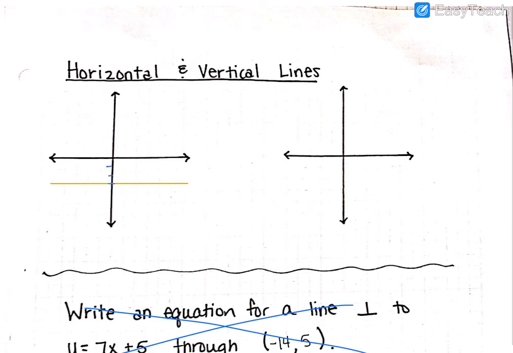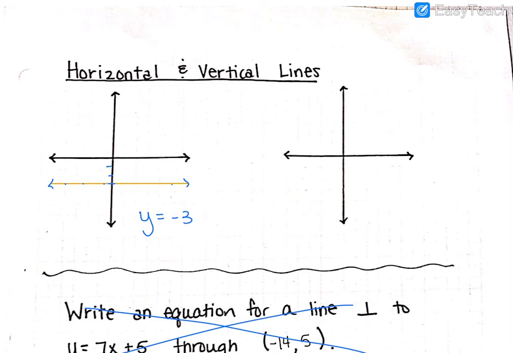If it goes through negative 3 on the y-axis, then y equals negative 3. It never changes from negative 3. All the points have a y value of negative 3, no matter where it's at. It'd be -3, -3, -2, -3, -1, -3, 0, -3, 1, -3. So y is always negative 3.